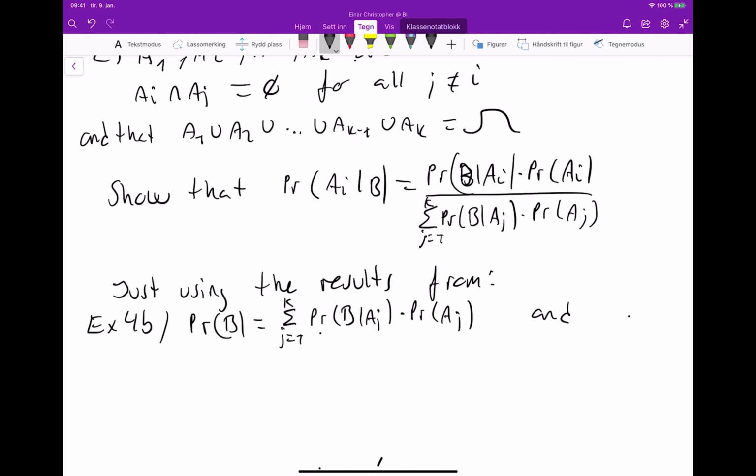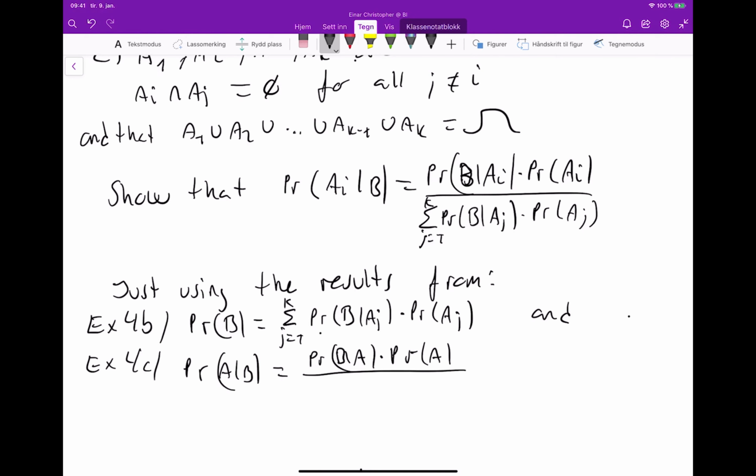And exercise 4c, where we have that the probability of A given B is equal the probability of B given A times the probability of A divided on the probability of B. So this is what we're going to use to show the result above.